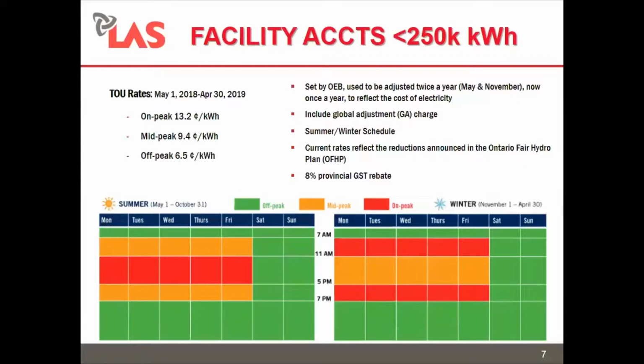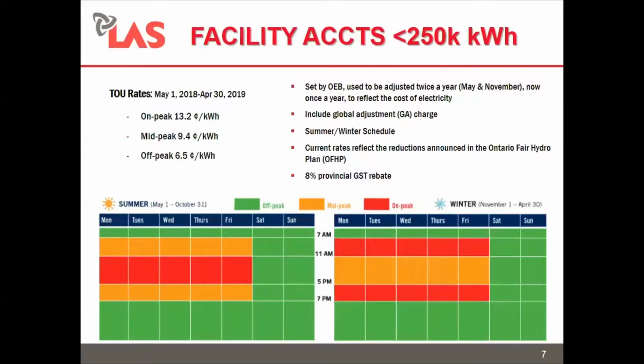So you have 2 on-peak periods: from 7 a.m. to 11 a.m. and 5 p.m. to 7 p.m. That's the on-peak hours, which is the most expensive time, because they are considering a lot of lighting demand. We have shorter days during the winter and it's darker, so people tend to use more electricity during that time. Then you add pressure on the grid, and you require more supply from the producers. That's why during that period the price is higher.